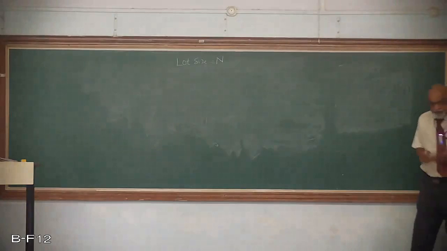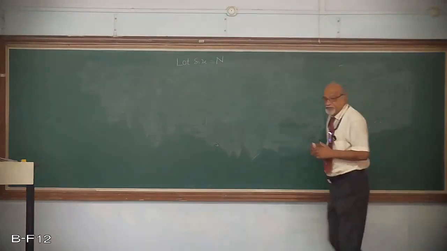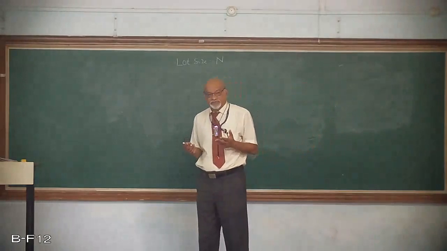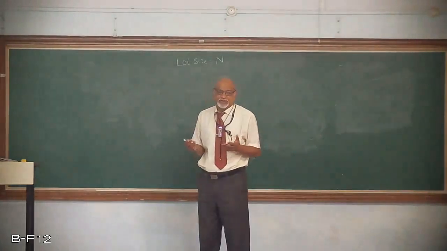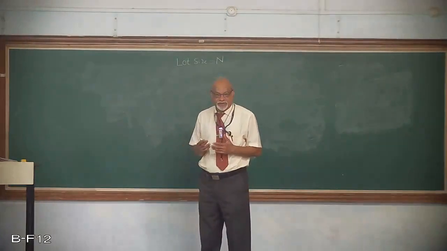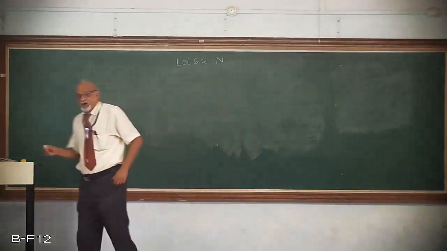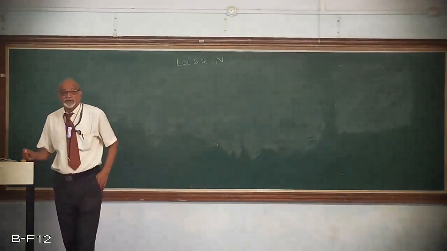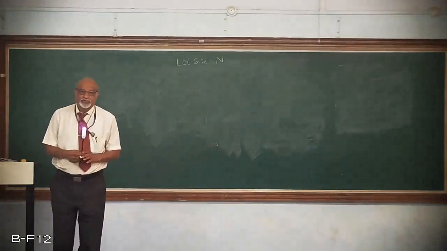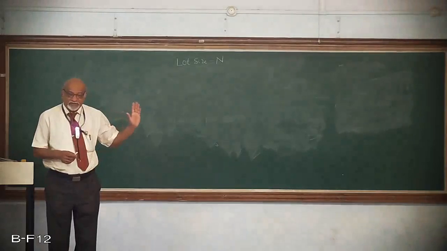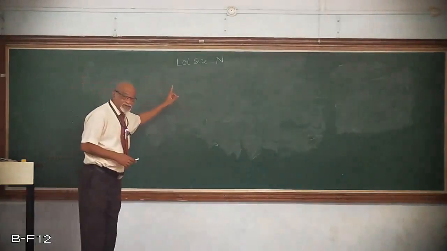The lot may be big, medium, or small. If the lot itself is small, then there is no question about sampling; 100% inspection will be done. So here, the major thing is that the lot size is large. That we need to appreciate.